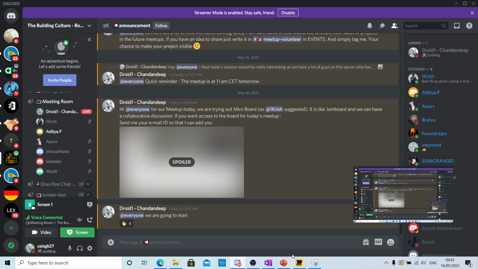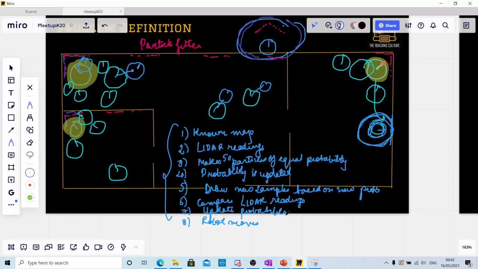Yeah, exactly, that is the idea. I just want to give an overview of what this is doing. This would be applicable when we have a map. Without the map, this method would not be applicable, so in that case we would go for a different method.